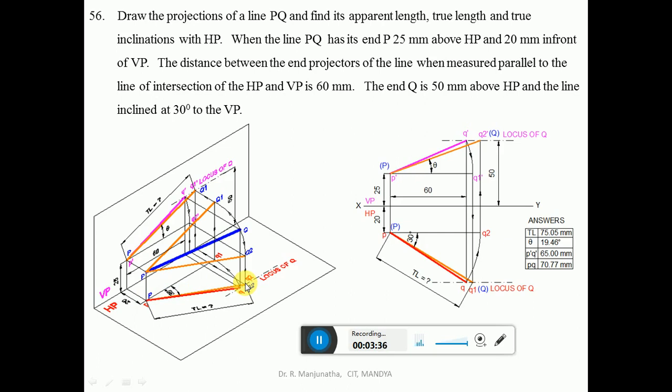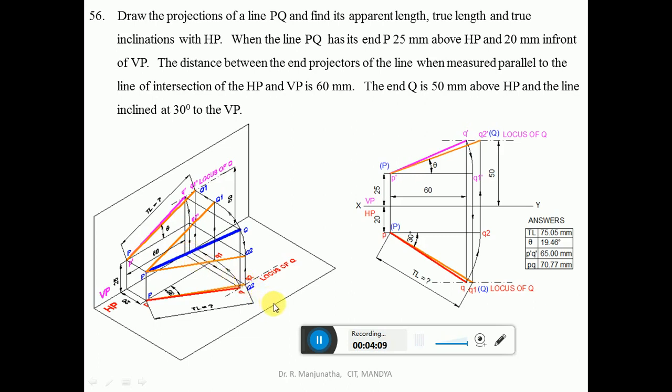The line inclined to HP is P dash Q dash, so you make that line parallel to HP. With P dash as the center and P dash Q dash as the radius, you draw an arc so that the line becomes parallel to HP. When it is projected, you get this point on the XY line, and from here you draw a vertical projector to the top view.